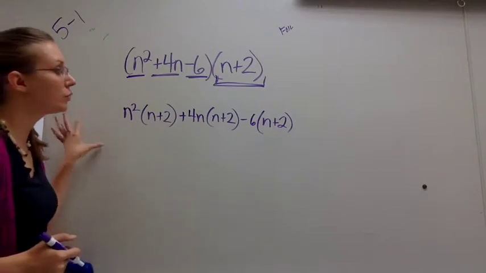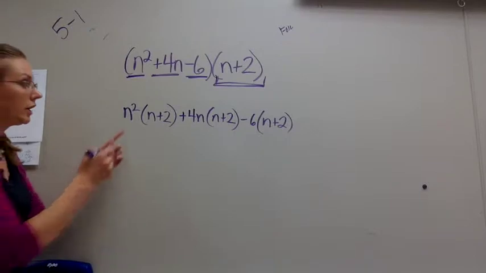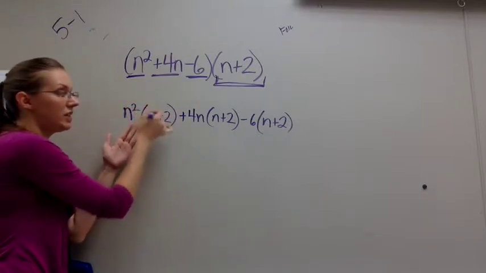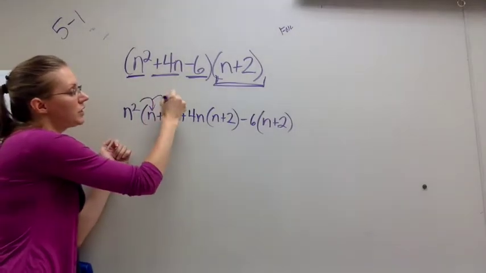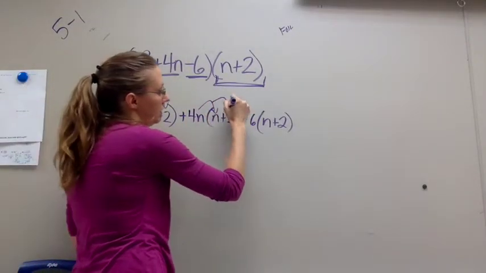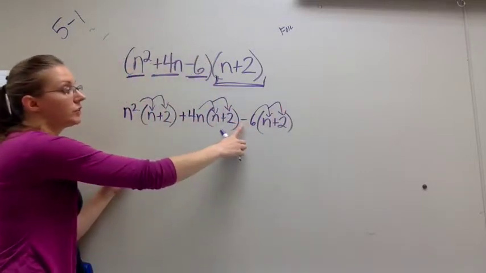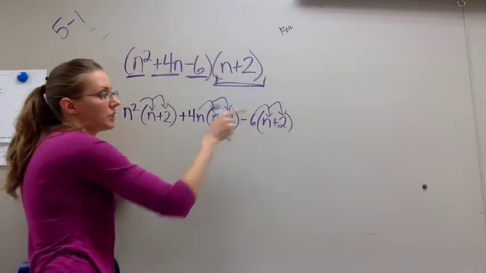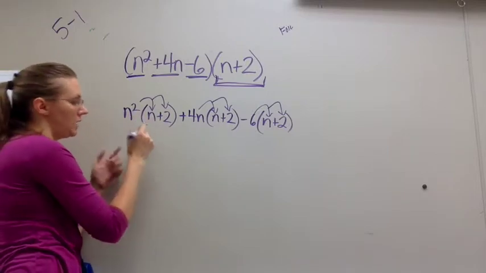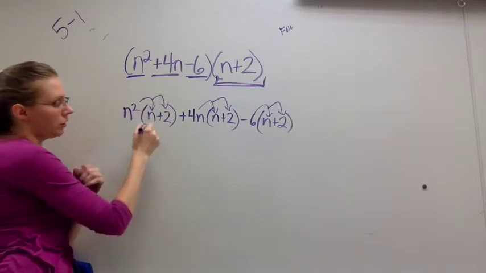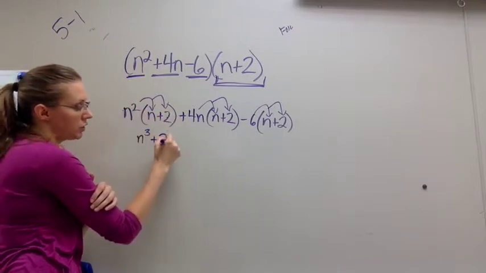So now we have this really long string of little equations here. When this is right next to the parentheses, it means we're going to need to distribute it to each chunk, including the sign in front. So this won't just be 6, it'll be a negative 6 being sent to each piece. So n squared times n is going to be n times n times n, or n to the third, plus 2 times n squared, which is 2n squared.